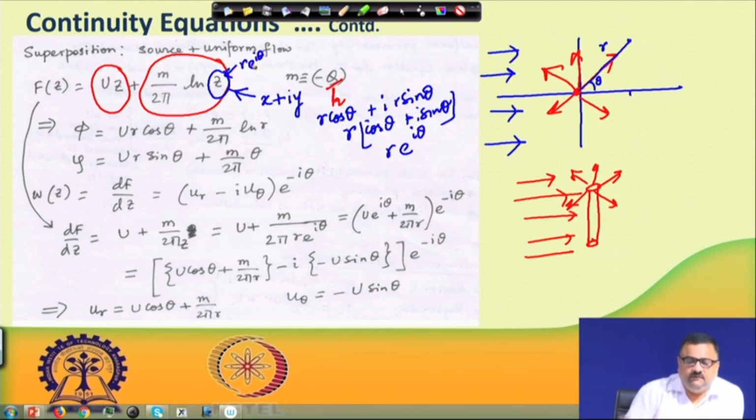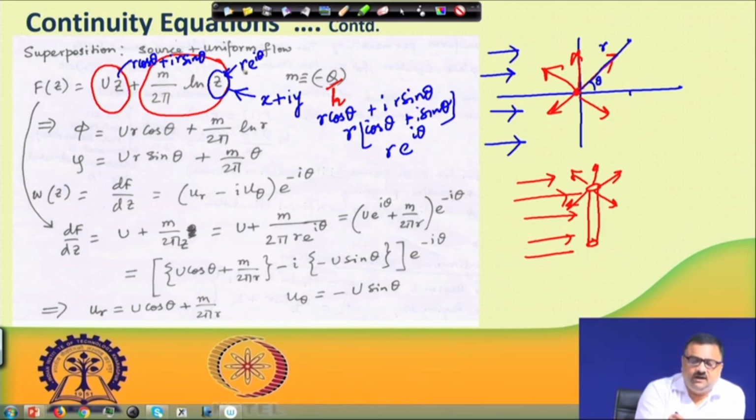So, when we put r e to the power i theta, then we see here u z plus m by 2 pi ln z. Now, this z also we can break up into r cos theta plus i r sin theta. So, now these are the two elemental flows, one is the uniform flow, another is the source. Now, if we try to add them and take only the real component of it.